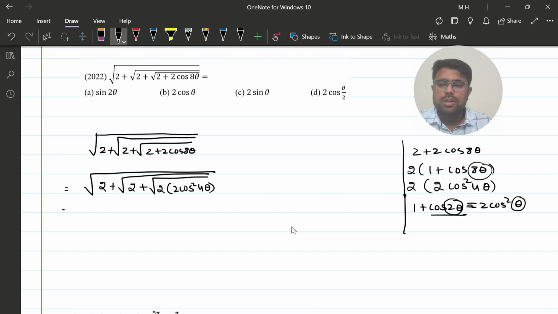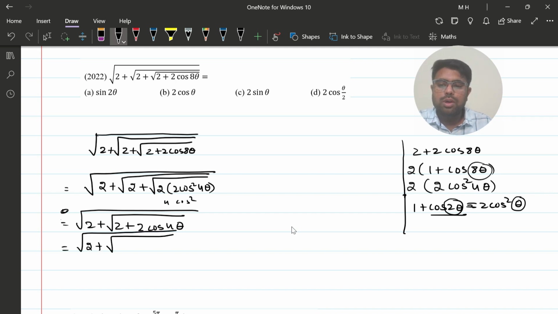So it is going to be equal to under root of 2 plus under root of 2 plus, this is 4 cos square, right? So it is going to be 2 cos 4 theta. Again, if you see root of 2 plus root of, if I take out 2, it is going to be 1 plus cos 4 theta, right?